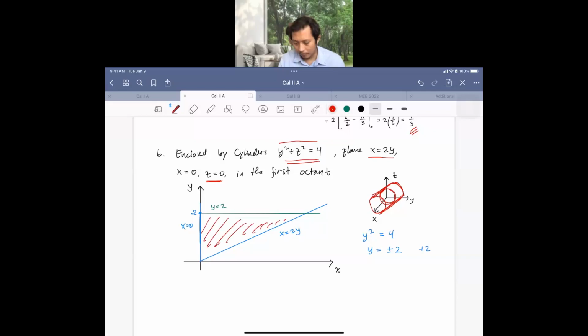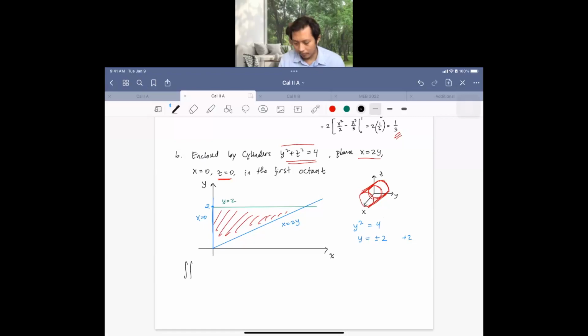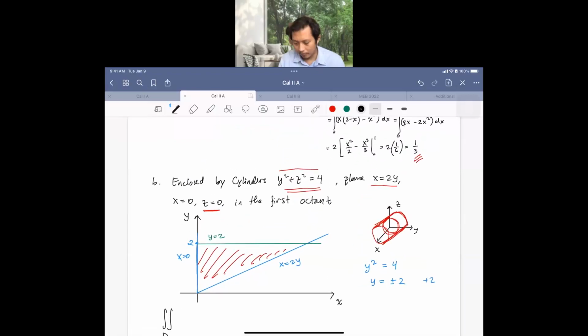And then from here, we could write our integrations dA, and what is our function? So our function we could write from this one. So z equal 4 minus y squared.